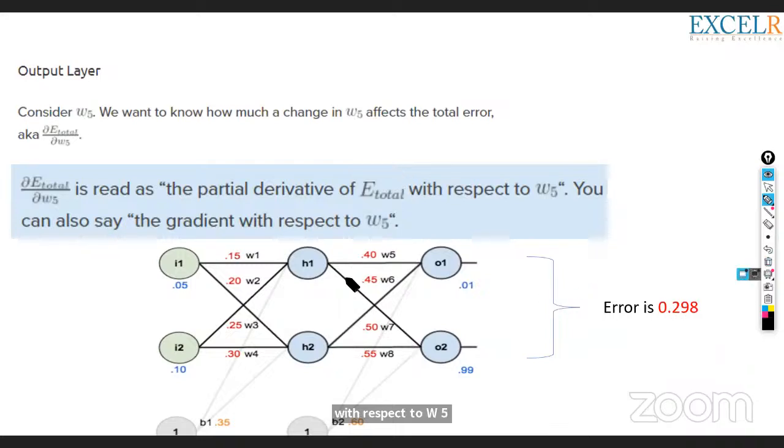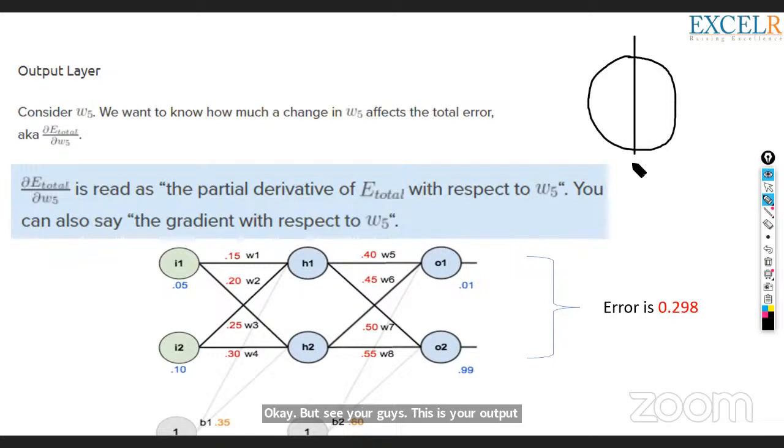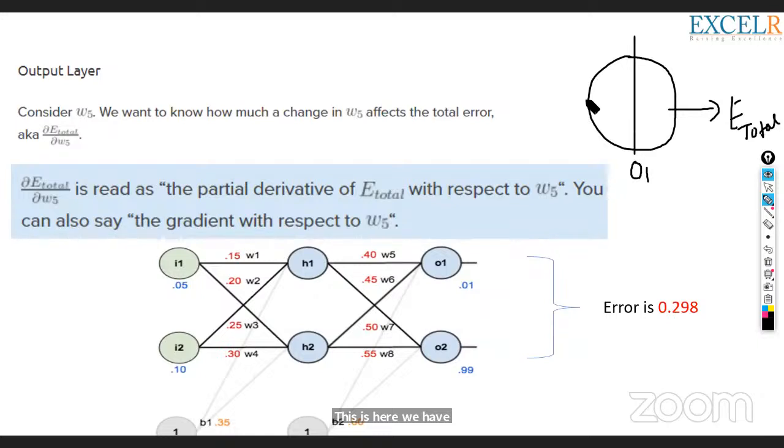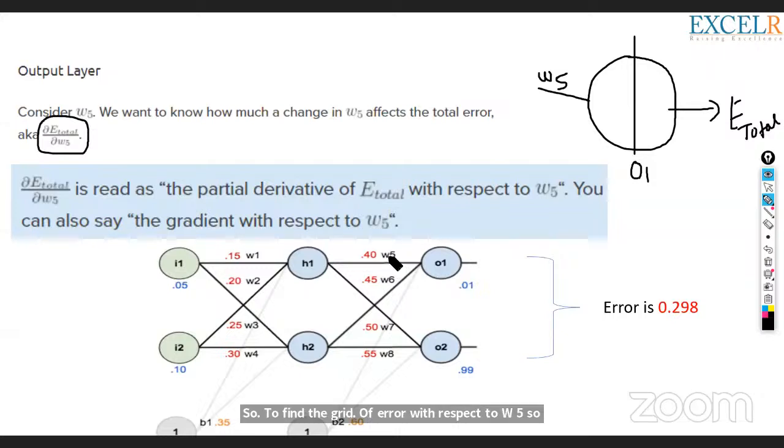But see here, guys. This is your output node O1. Here we have E total, and here we have weight W5. To find the gradient of error with respect to W5, so that W5 gets adjusted and we get the optimum value of W5, you can't directly get the gradient.